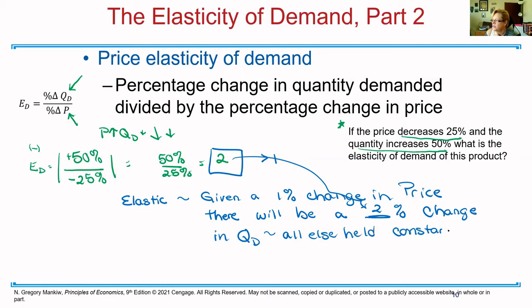Now that really gives us some good information about knowing should we change our price or not. So that's kind of how we use this in real life business situations.